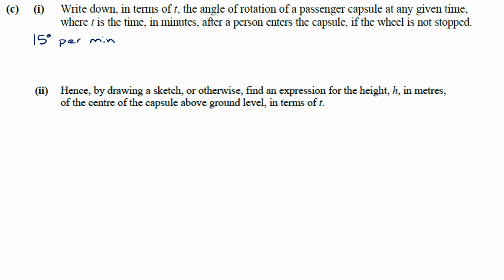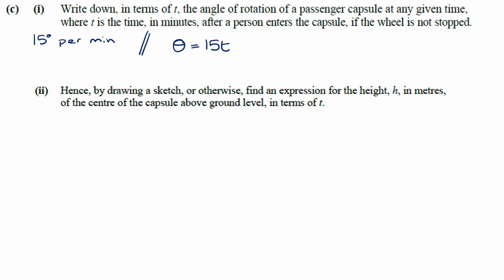So if they're on for 2 minutes, it'd be 15 by 2. If they were on for 3 minutes, it'd be 15 by 3. So then the angle, I'm going to call it theta, will be 15 times t.